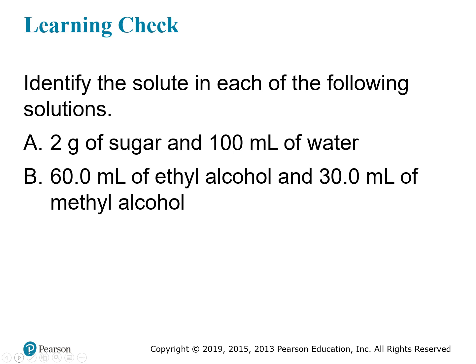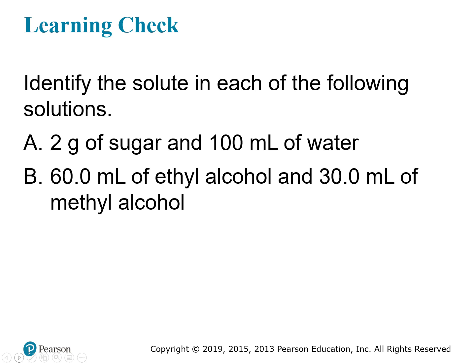So let's do a quick learning check. Identify the solute in each of the following solutions. The trick here is remembering that the solute is present in a smaller amount than the solvent. So we're looking for something that's small relative to the other compound.